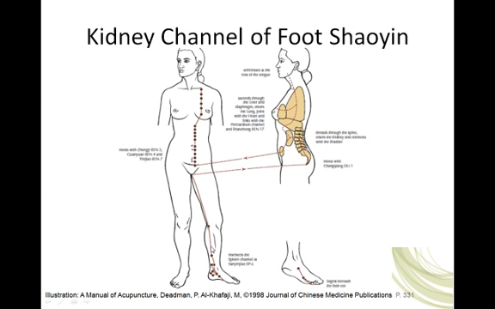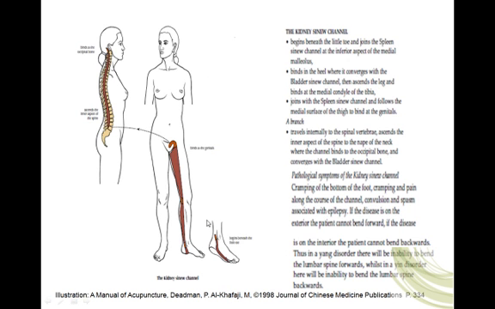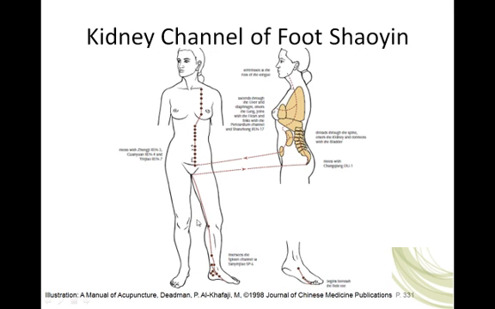So it ascends the medial portion of the leg. The medial end of the popliteal crease is where we find kidney 10, and then we move up the posterior medial aspect of the thigh until we get to the inguinal region.